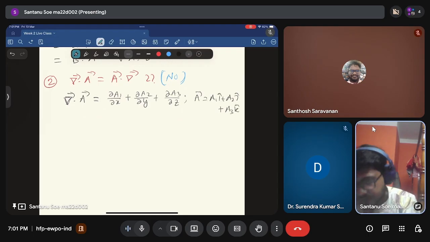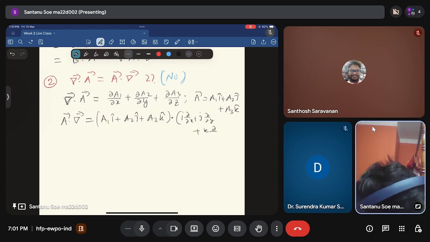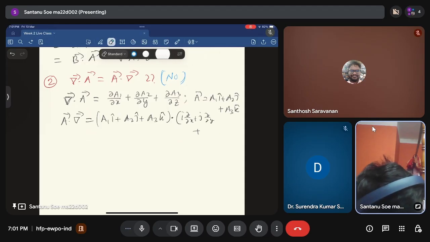Okay. Now what about the other one? This is just A1 of I cap plus A2 of j cap plus A3 of k cap dot product with I del del x plus j del del y plus k del del z, right?